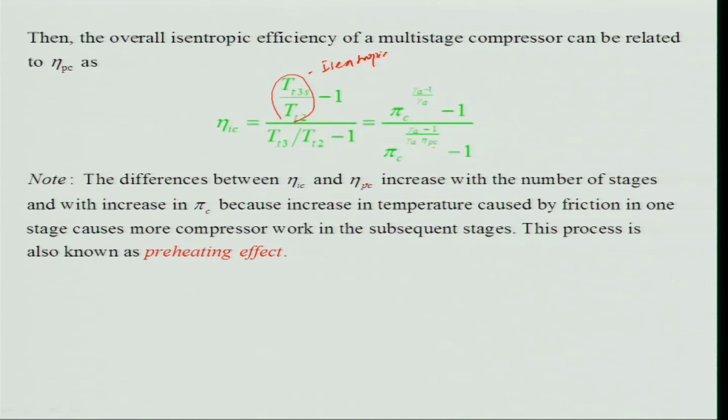As the pressure ratio increases, there will be increase in temperature caused by friction, and this increase in temperature will cause more compression work in the subsequent stages. This process is known as the preheating effect. That is the reason why intercooling is used to reduce the work input to the compression for the same pressure ratio.